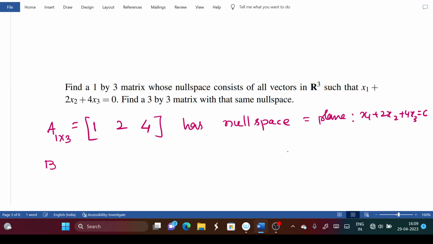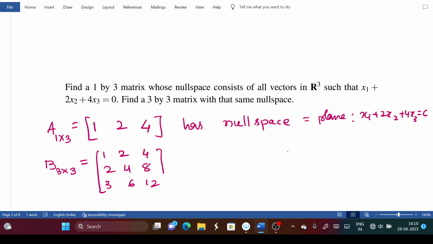Now we have to find B, which is 3 cross 3 with the same null space. So what I will do, 3 cross 3 means I'll write (1, 2, 4), then another scalar multiple of it, that is (2, 4, 8), and another (3, 6, 12).